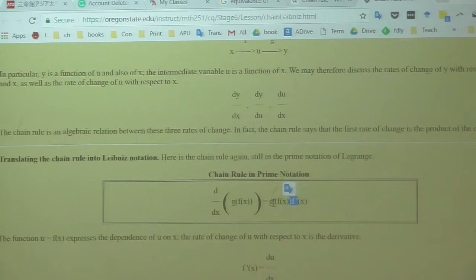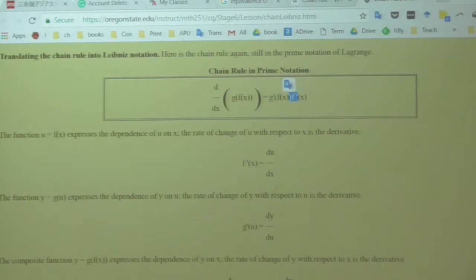Okay, everyone follow that? Now, they say the function u equals f of x expresses the dependence of u on x. So u, we're saying, is like the intermediate variable. We're just calling f, calling that u. Okay, we can do that.